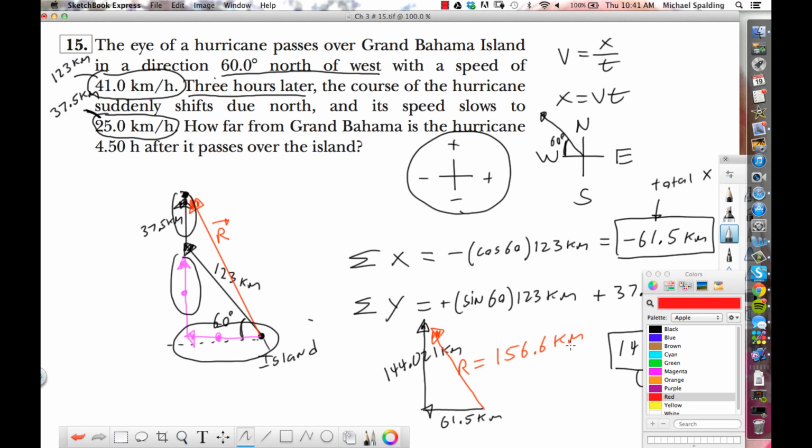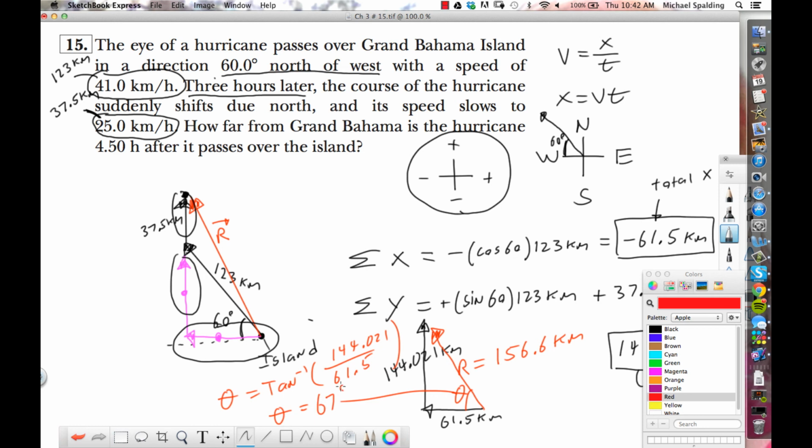Now, do you have to include the direction? If you want to be money, I would put the direction on there, but do they ask for the direction? No, they just say how far. But if you wanted to find the direction, you solve for this angle in here. So theta equals tangent inverse of opposite, which is 144.021, over adjacent, which is 61.5, and we get an angle of about 67 degrees.